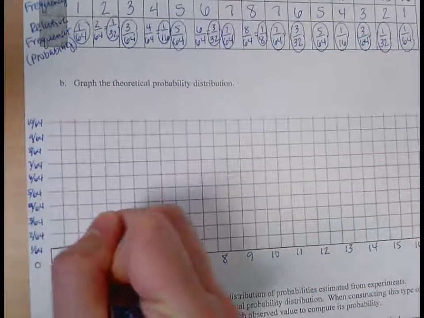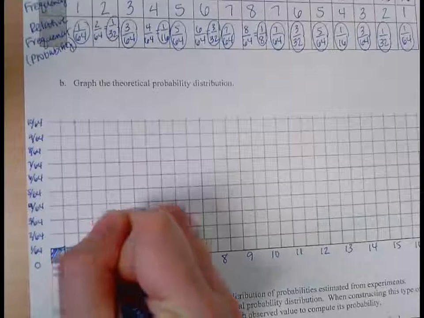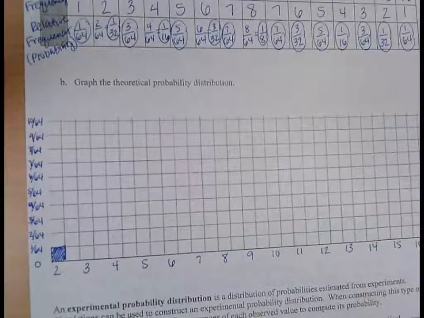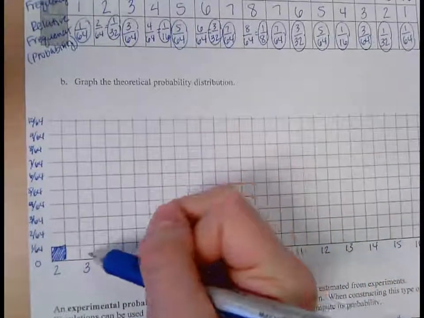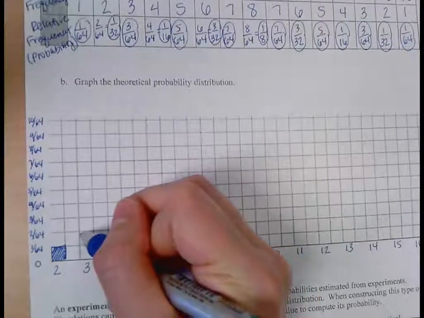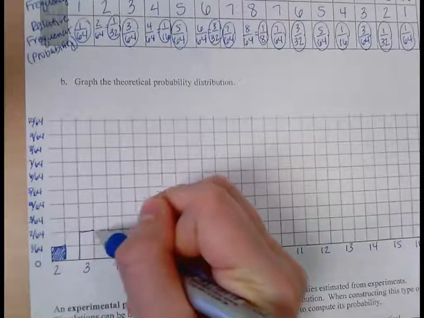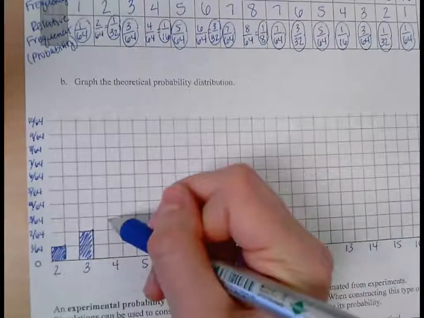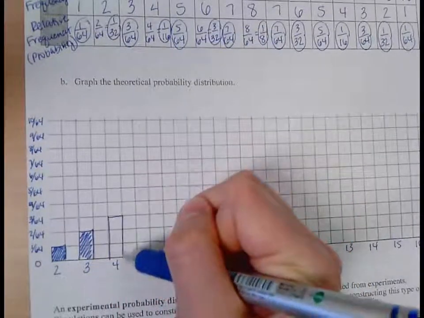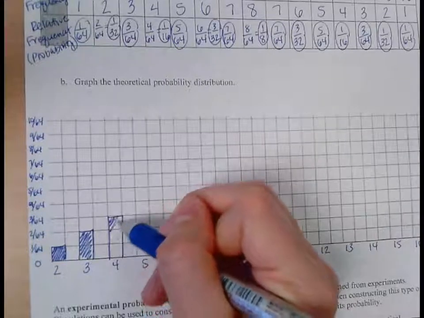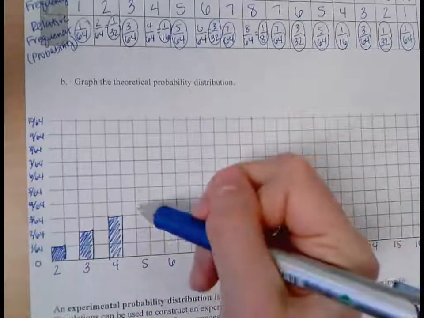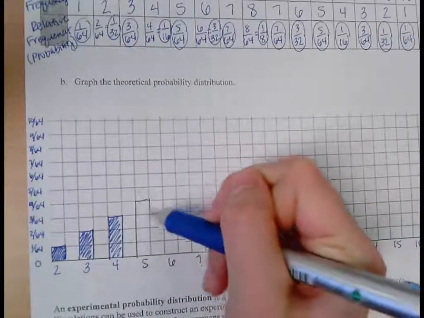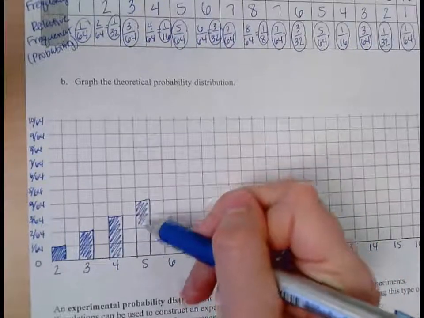So I draw a bar with a height of 1/64th. Okay, and then I continue that for all of them. So a sum of 3 had a height of 2/64ths, which was 1/32nd. 4 was 3/64ths. And so on.